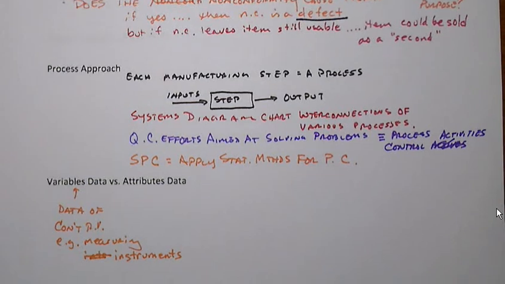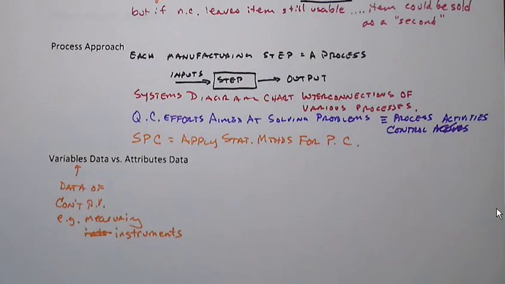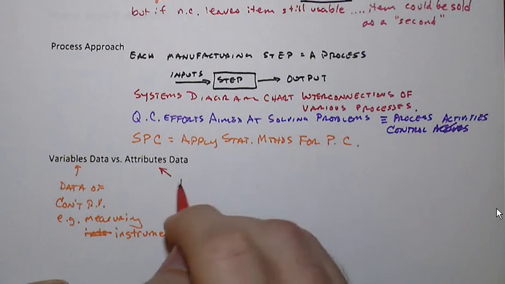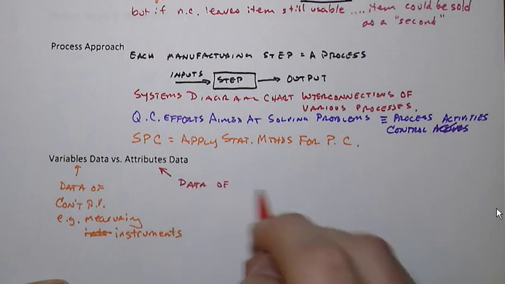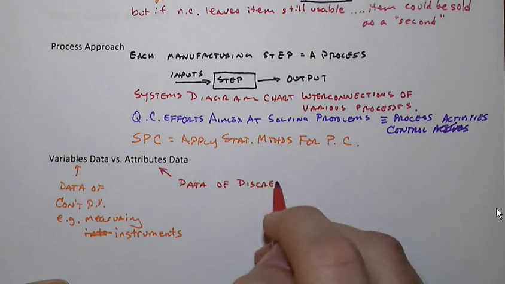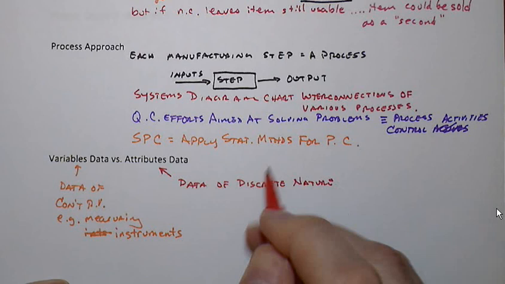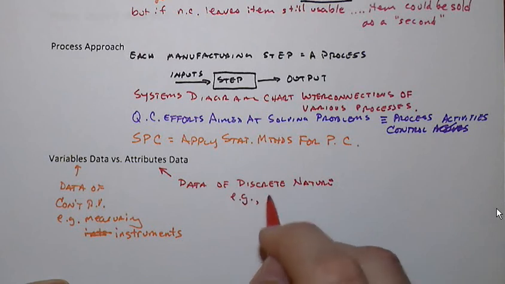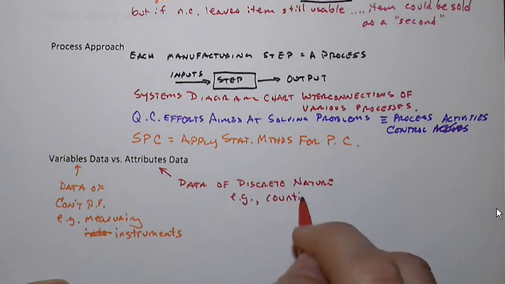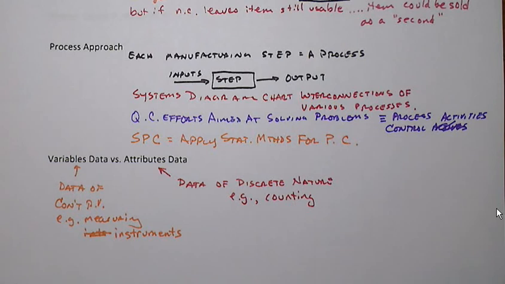Right, so contrast that to attributes data, and that's data of a discrete nature and is oftentimes, for instance, counting numbers. How many have been produced? What fraction of what we produced are defective, the defective rate?